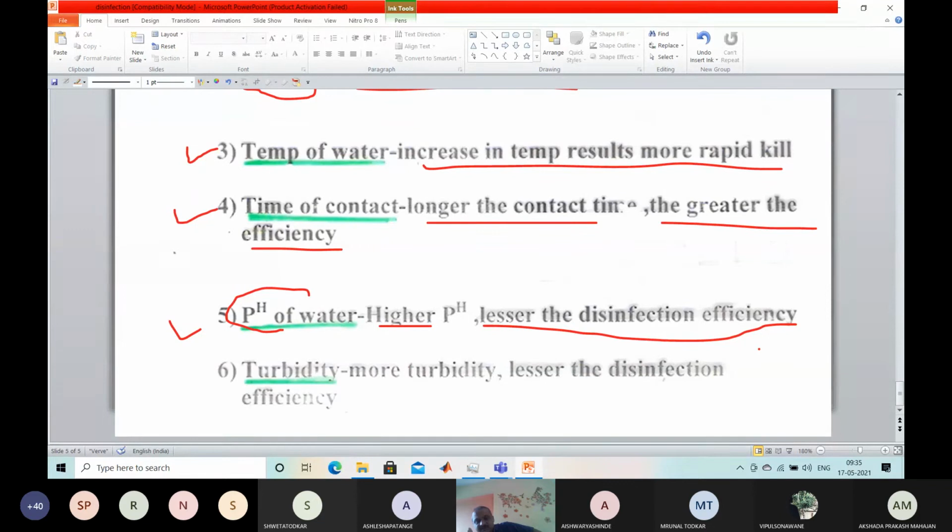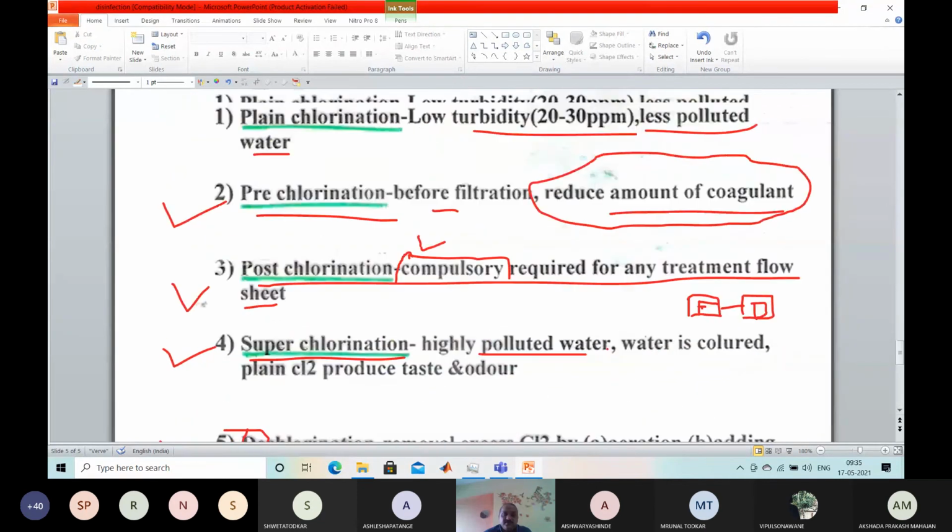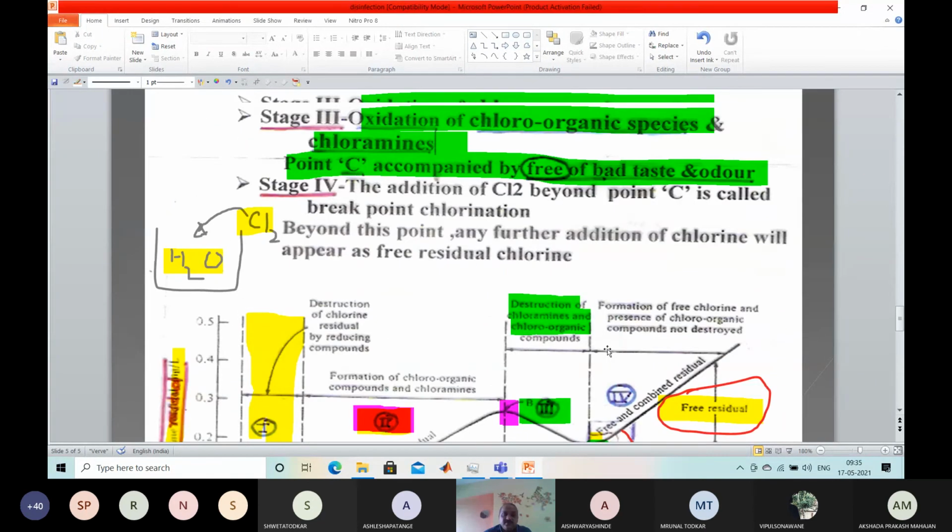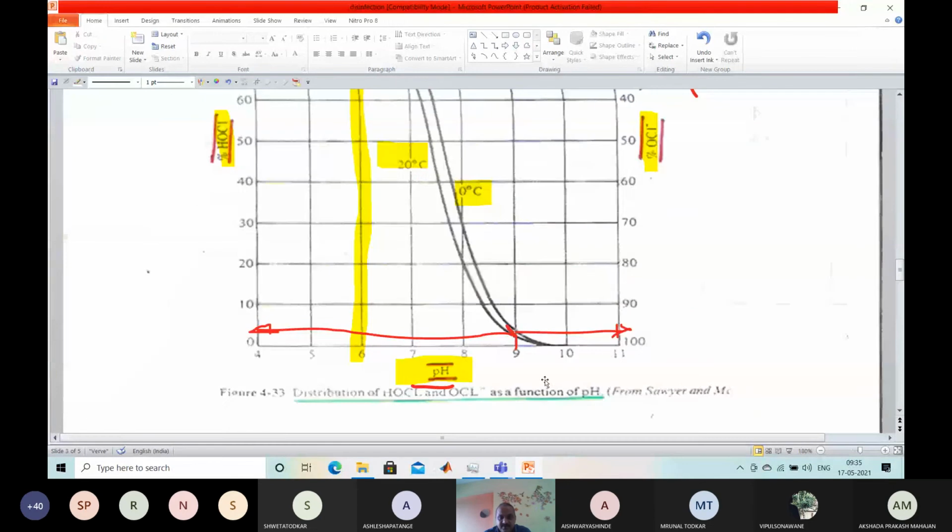After 8, what will happen? The OCl ion increases, and as a result there is lesser efficiency. Higher the pH, lesser the disinfection efficiency. If the pH is high, we don't have the HOCl here.